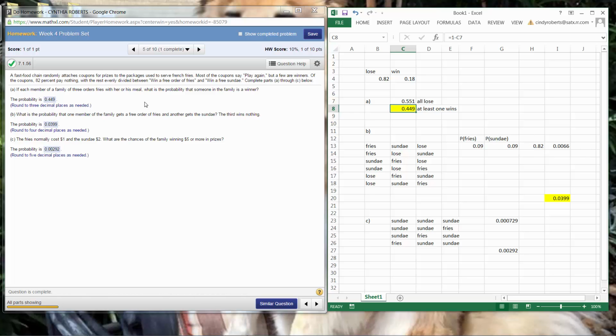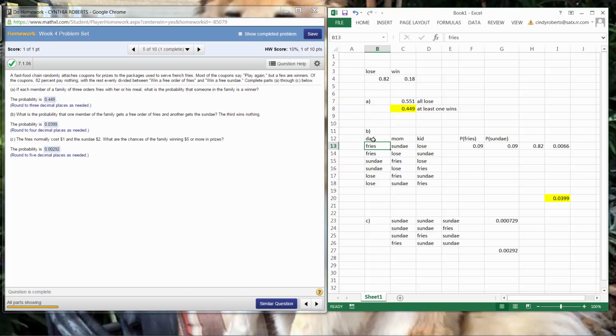This one's a little tricky because of this whole evenly divided piece. So it says, what is the probability that one member of the family gets a free order of fries and another gets a sundae? So in other words, a fries, a sundae, they lost. And let's say this is person number 1. You could do something like dad, mom, and kid.